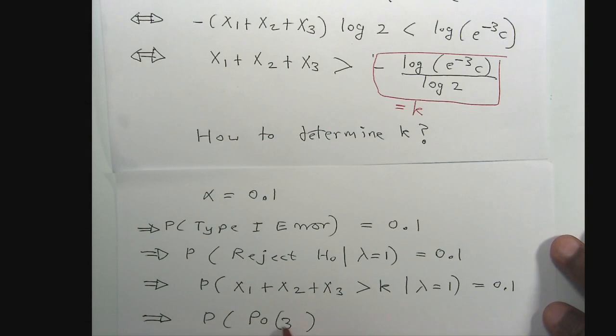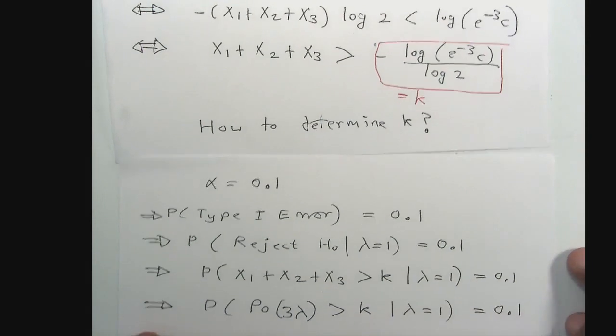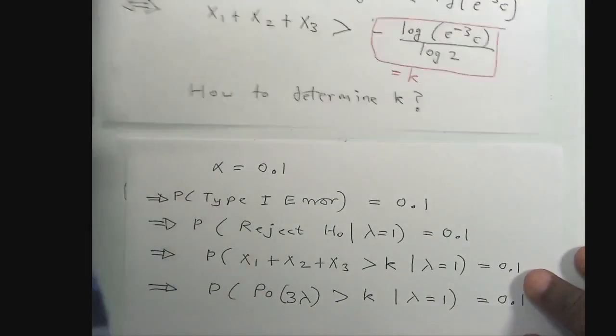So it will be 3 lambda. So it's simply the sum of the parameters of the 3 variables. The probability of the sum being greater than k, given lambda, is this, right? Now, let me take this away.